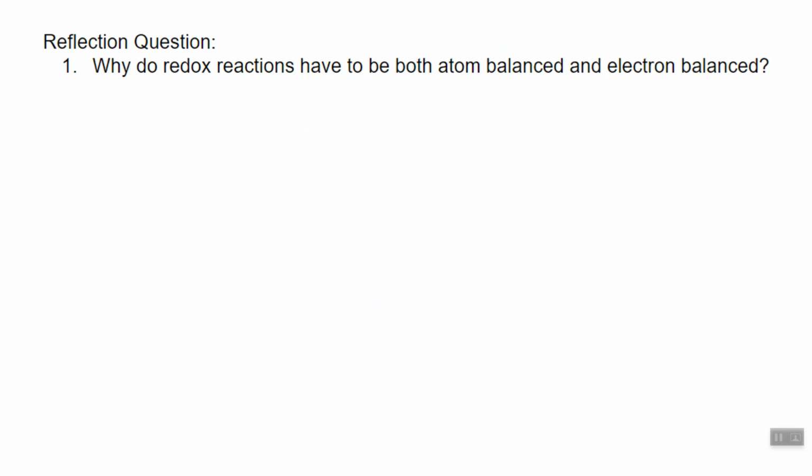So why do reactions have to be both atom balanced and electron balanced? So for electron balance, any electrons produced must be consumed.